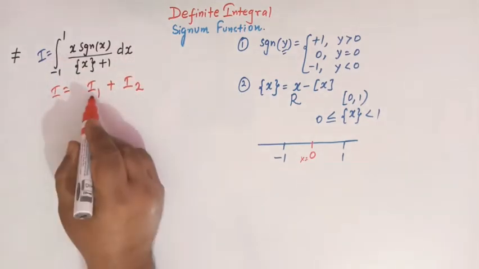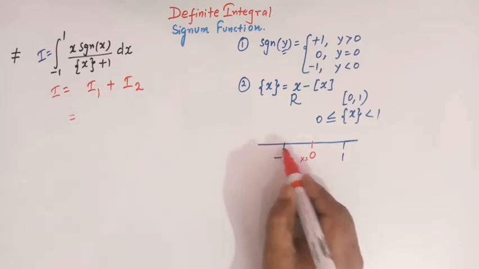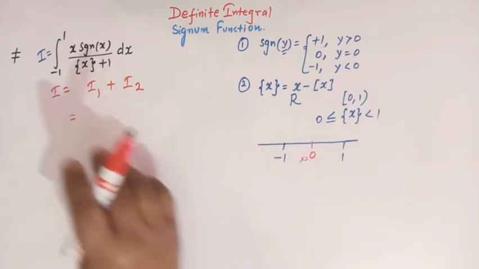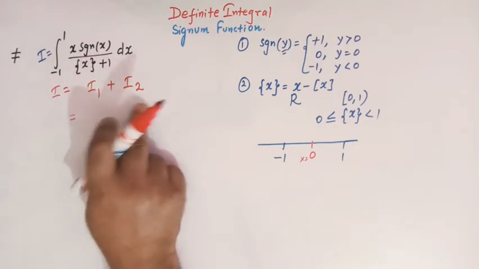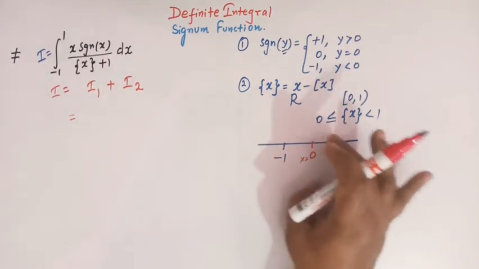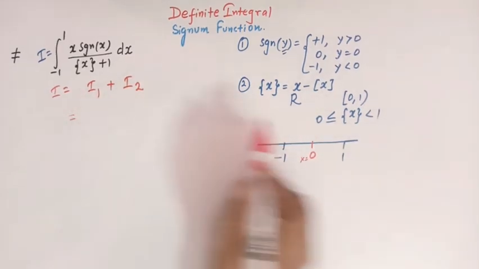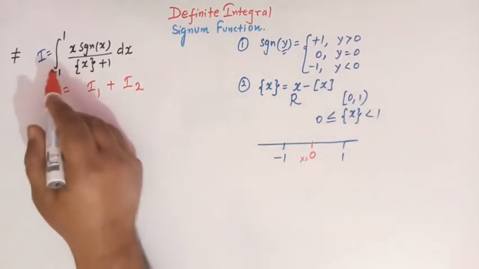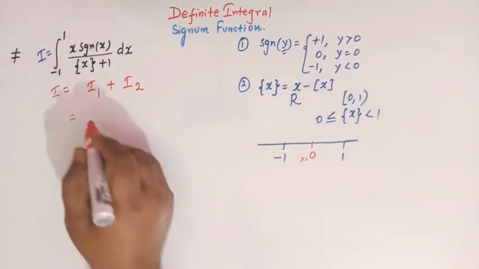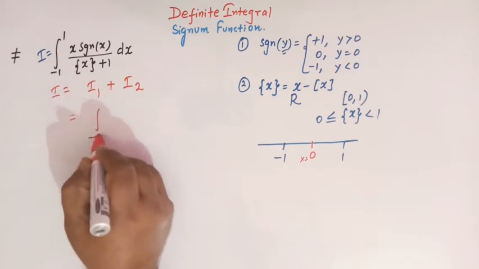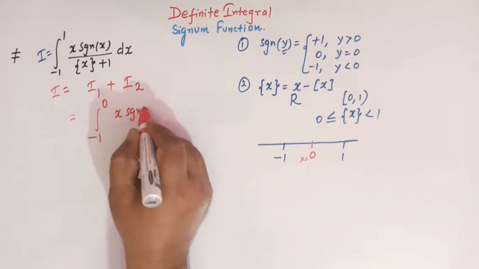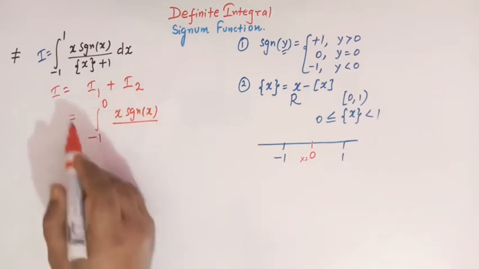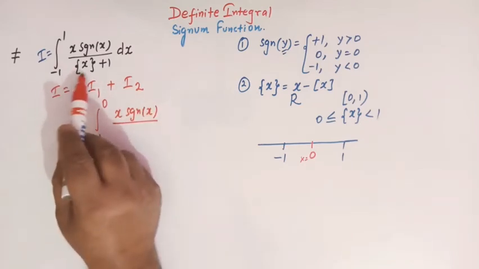Now I1 is from -1 to 0. Why we are breaking this integral I as a sum of two integrals, we will understand in a short while, but let us first write the value of I1. I1 is from -1 to 0 of x signum of x divided by the fractional part of x plus 1.